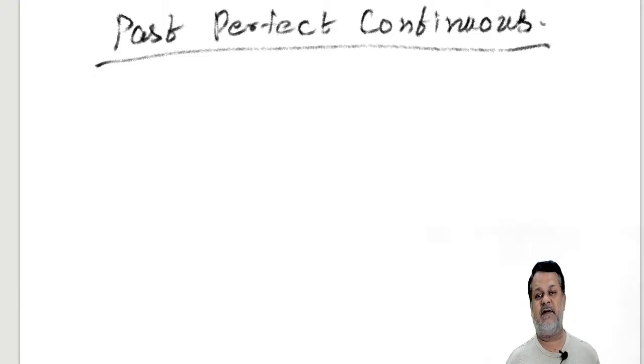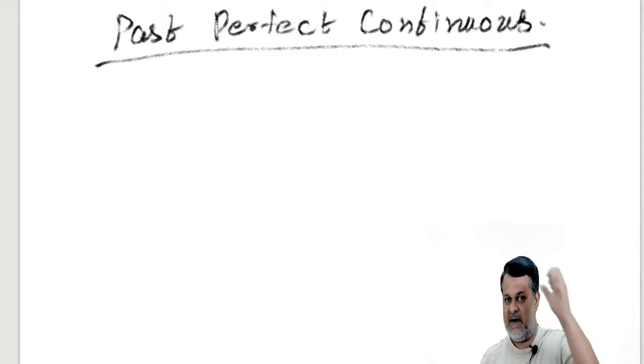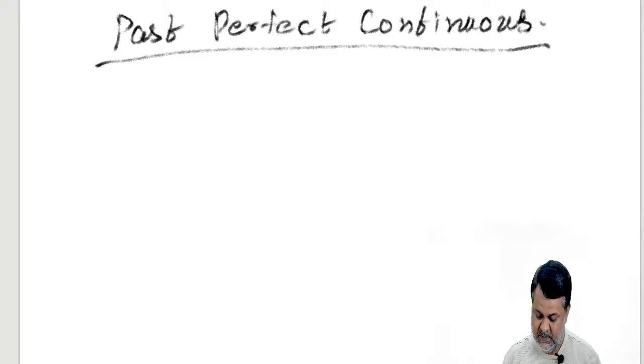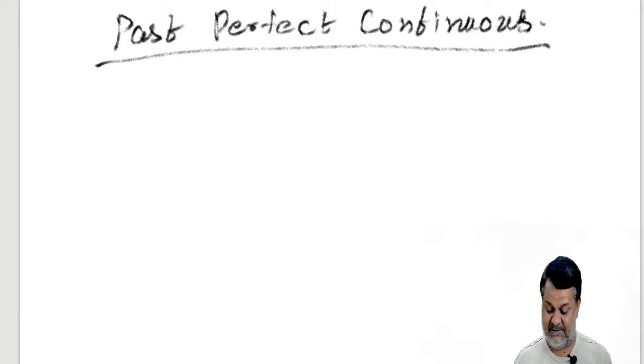So something which had happened over a period of time in the past, over a particular period of time in the past. The continuity or duration of an activity, it will tell you the continuity or duration of an activity.